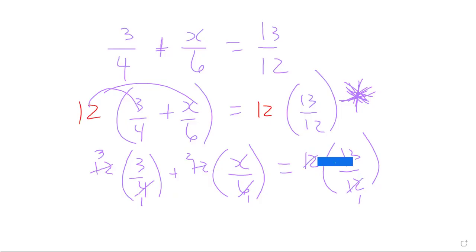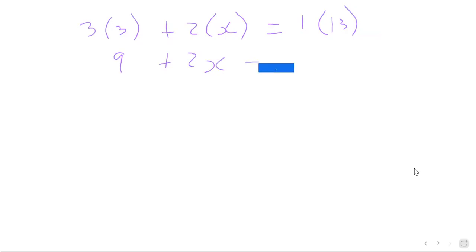So what I'm going to have now is 3 times 3, which is 9, plus 2 times x, which is 2x, equals 1 times 13. So 9 plus 2x equals 13.